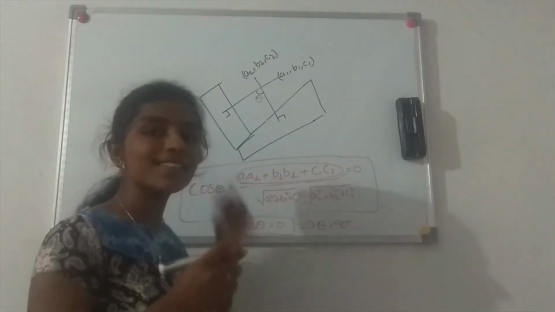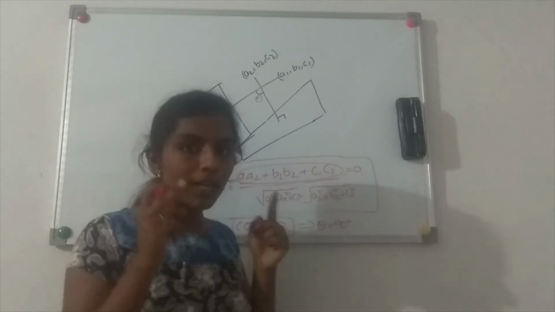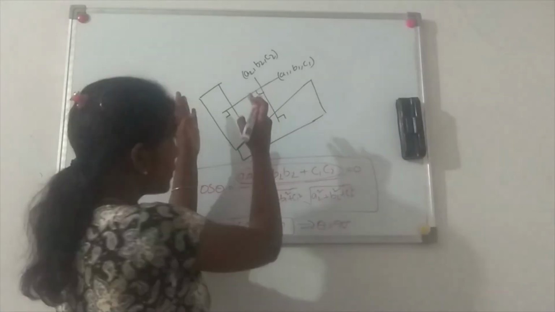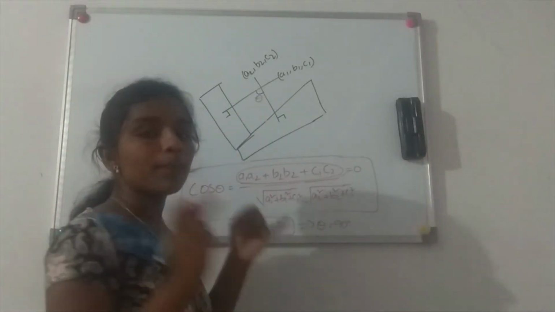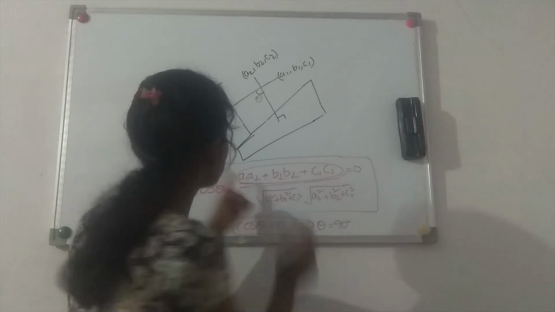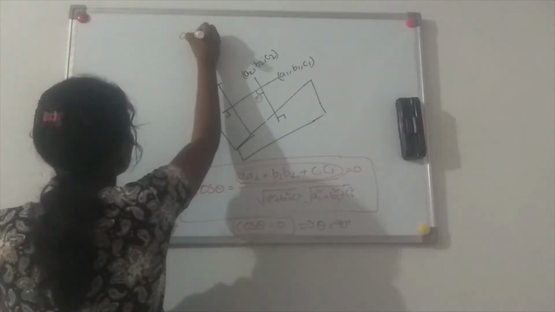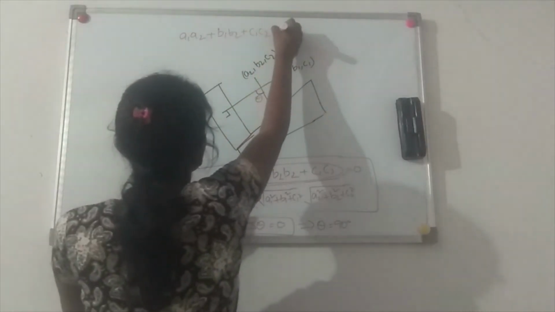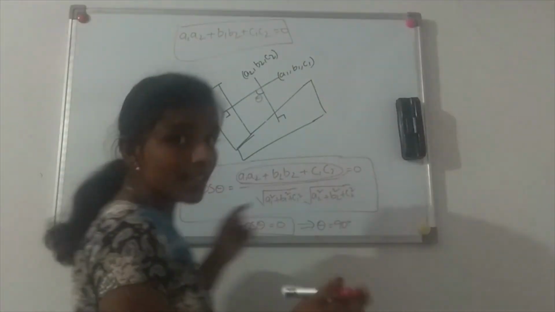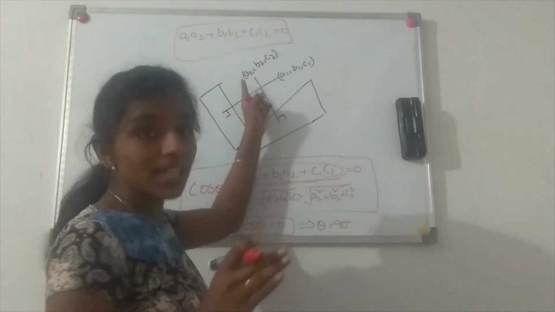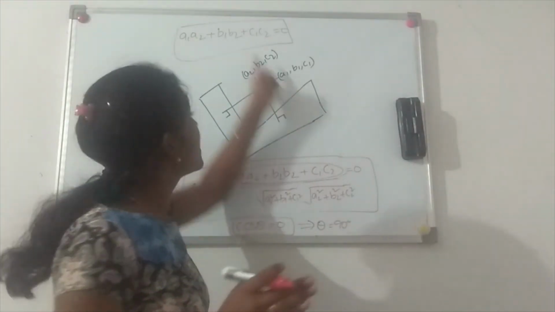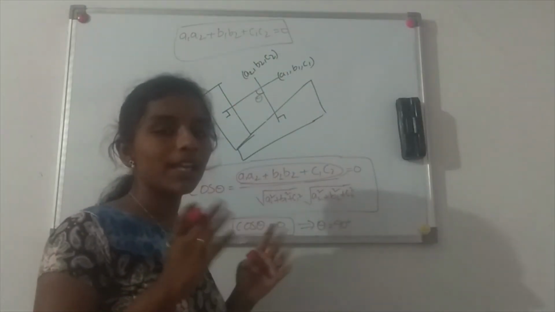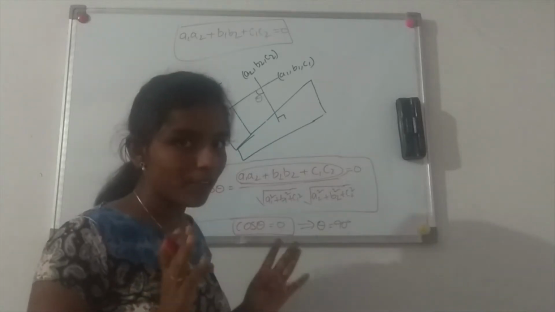That means the planes are perpendicular. So, remember very carefully, children. If the two planes are perpendicular, the perpendicular condition that we use is A1 A2 plus B1 B2 plus C1 C2 equals to 0. That is, the dot product of the drs of the normals of the planes is equals to 0 if the two planes are perpendicular to each other. Okay? Have you got it?